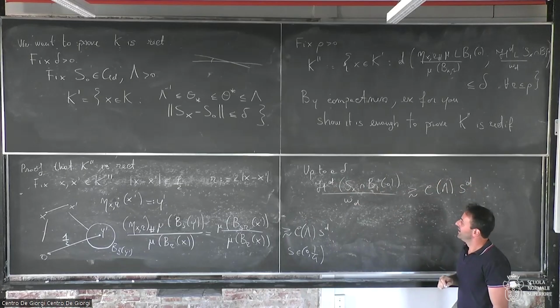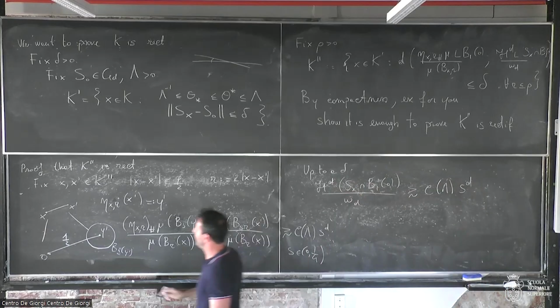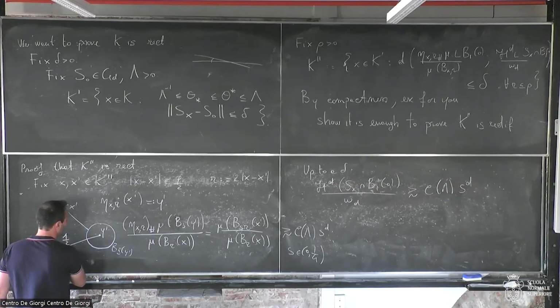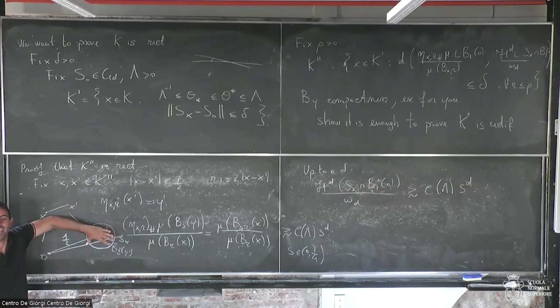Okay? But I knew that also Sx, so what I discovered is that Sx should be here, right? Because in this ball I should see enough of the plane Sx. But now I remember that Sx is delta parallel to S0.